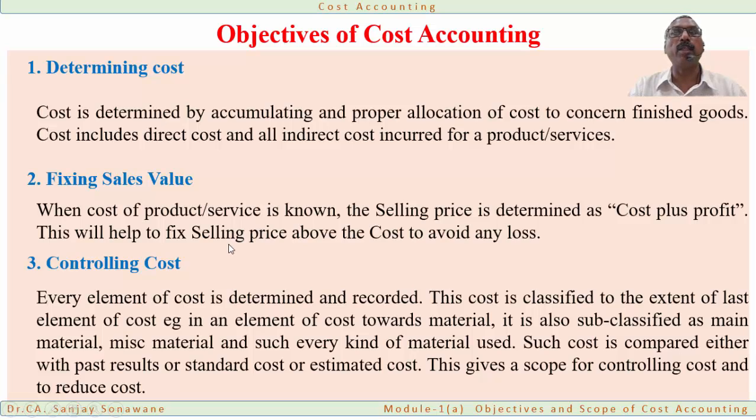If in a market the product is sold at lower than the cost price, it is better we should not manufacture the product, because the selling price is less, so there will be a loss. And the last objective we have studied is controlling the cost. Controlling the cost means once you know the cost, we can think about reducing the cost.